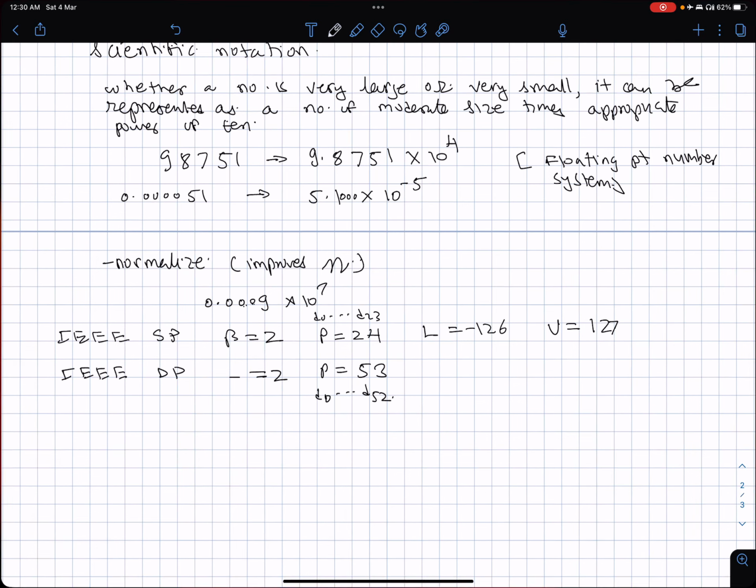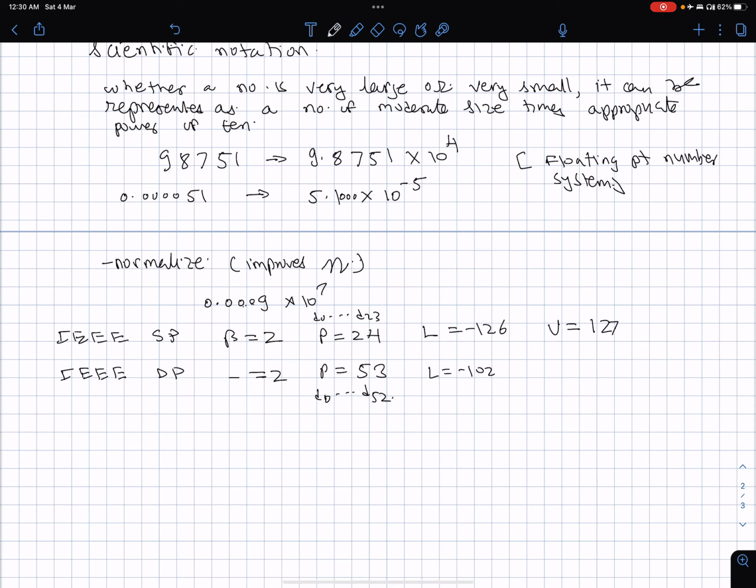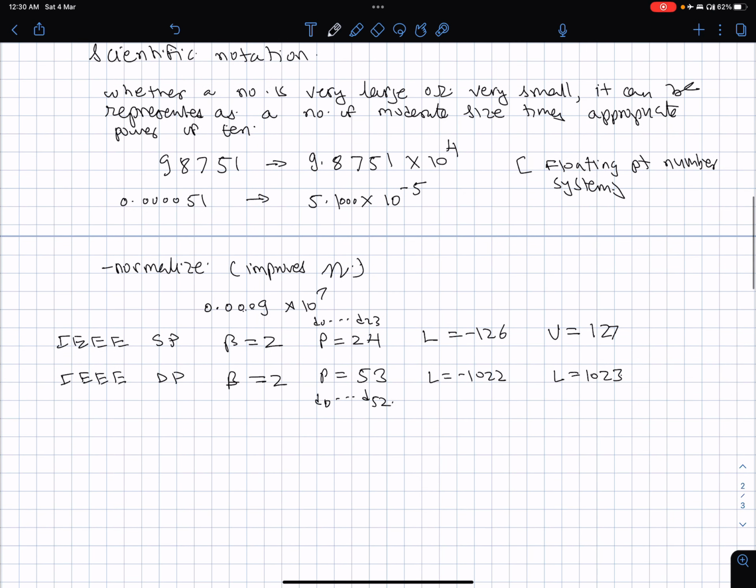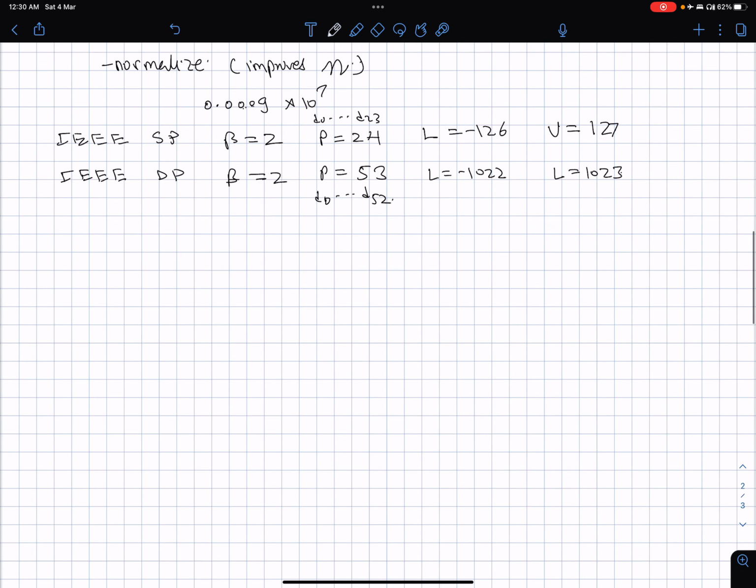And the lower limit here is minus 1022, and the upper limit is 1023. So this is the IEEE double precision system. Now let us come to the topic of normalization.